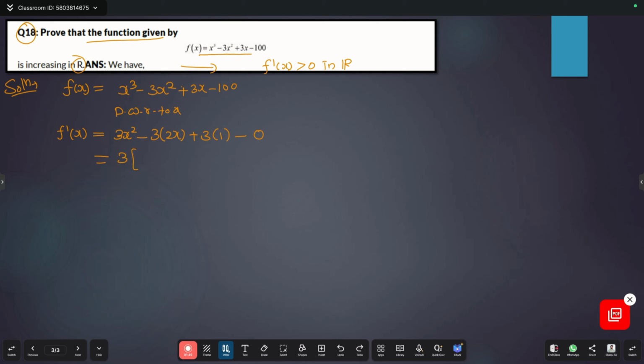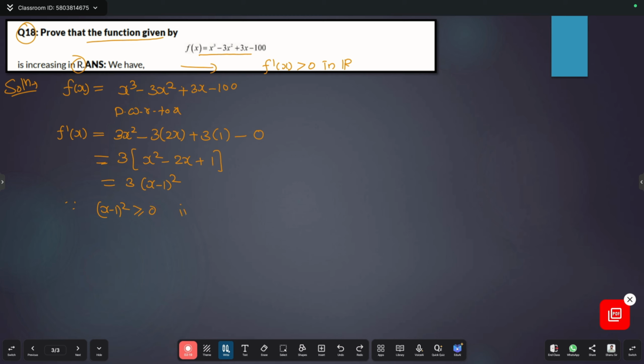If 3 is common, then the remaining is x² − 2x + 1, and this is the formula (x − 1)². So 3(x − 1)², and a whole square is always non-negative.